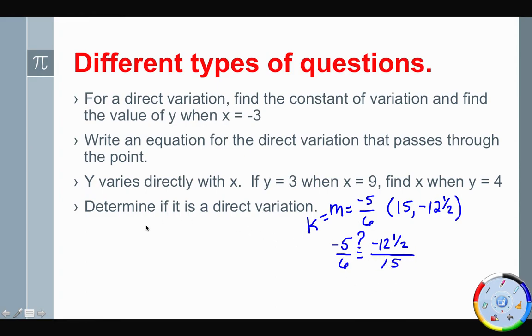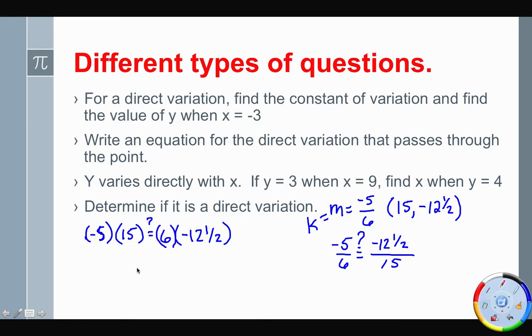Okay, so I'm going to move over here to the left. If I cross multiplied, I would get -5 times 15, and I'm still asking myself that question, 6 times -12 and 1/2.